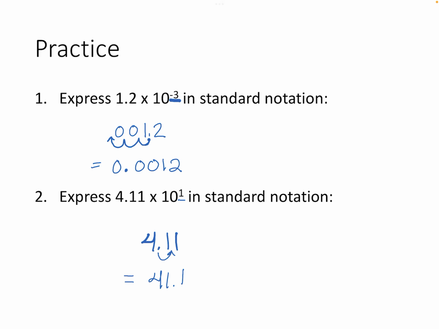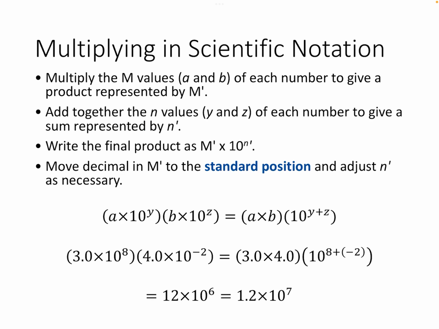Okay, so let's talk about how to multiply in scientific notation. So let's say you have two numbers that are both in scientific notation and you don't have a calculator handy. How do you multiply them together? So down below I have just generic numbers, a times 10 to the y, and then b times 10 to the z.